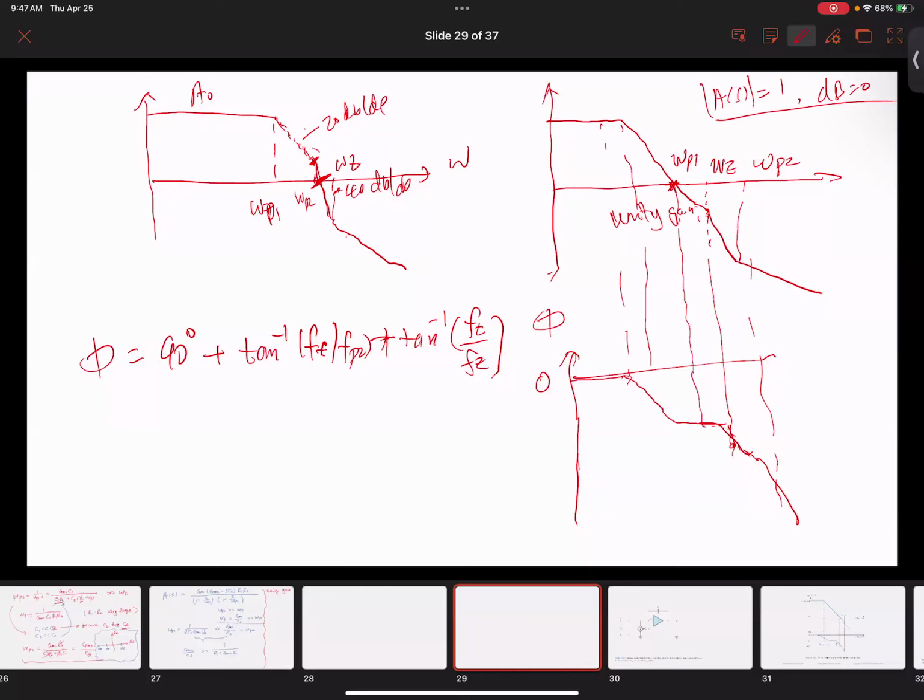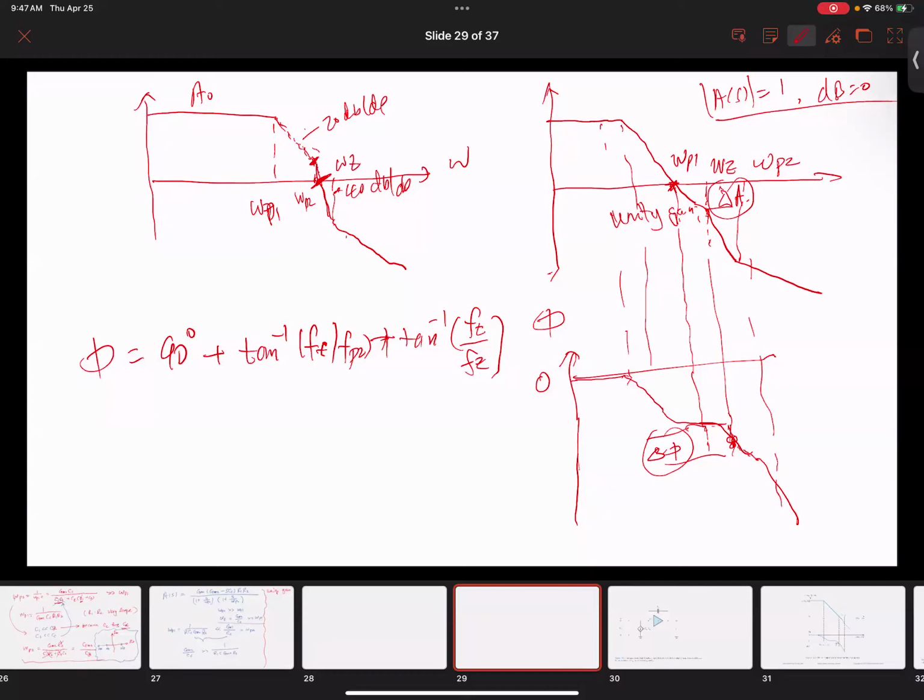From here to here, we call it phase margin. And at 180 degrees, the difference over here, we call gain margin. So this gain margin and phase margin has to have a certain value, otherwise the system will not be stable. So this is kind of our Bode plot drawing.